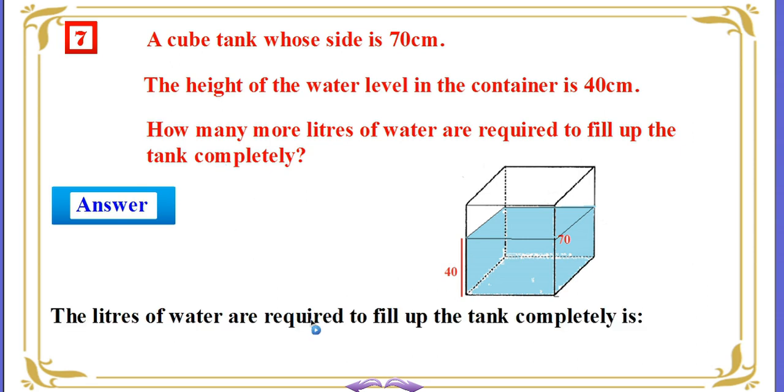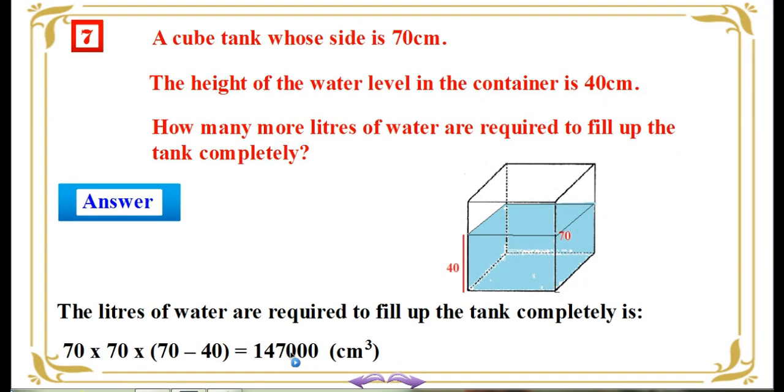The volume of the water in the tank is the length multiplied with the width and multiplied with the height. And remember the height now is not 70, it is only 30 centimeters. And you have the result 147,000 cubic centimeters.